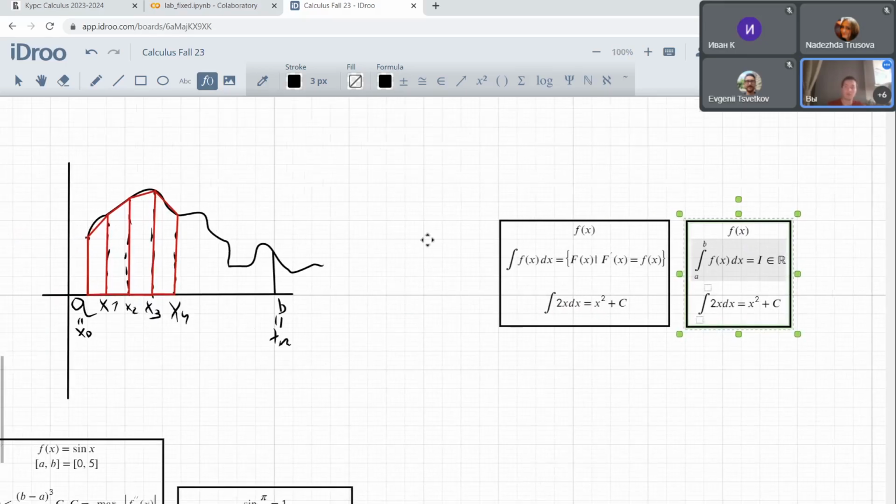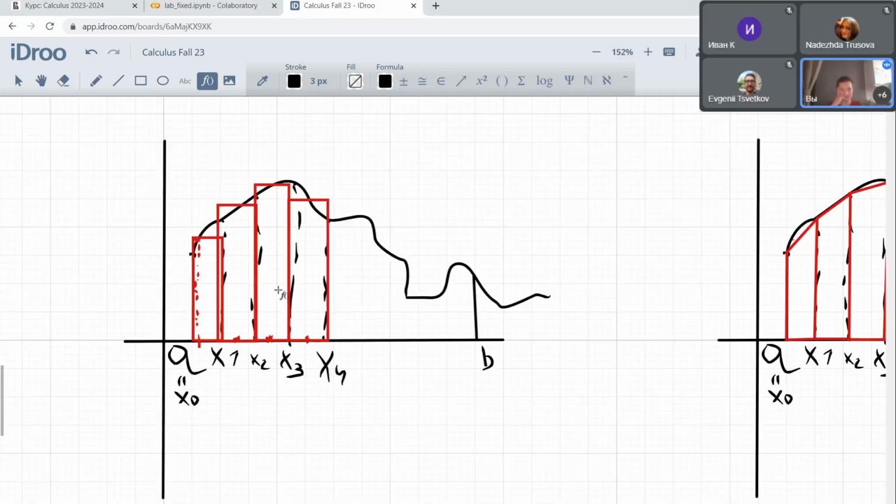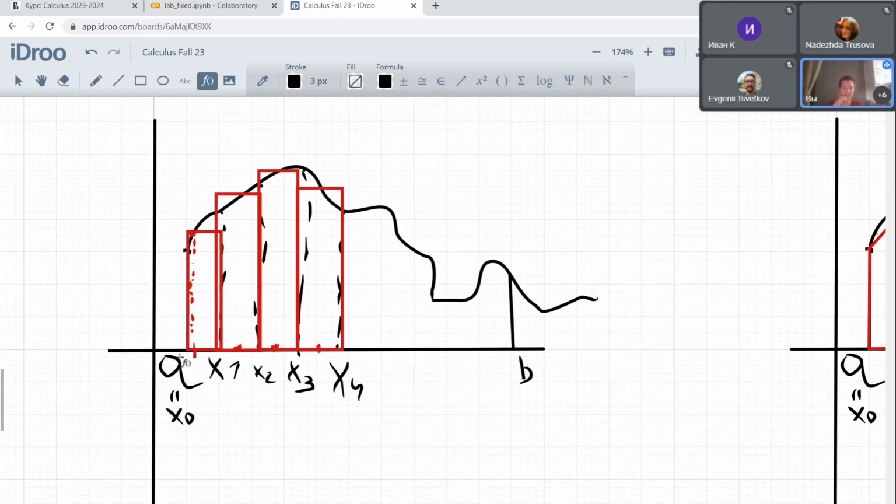That's why we were talking about the area under the curve. Informally, the definite integral of function f from a to b equals the area under the curve.